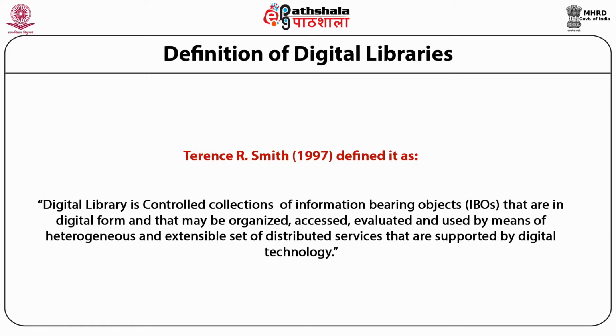Here again, emphasis is on controlled collection. That means that the collection is well organized with metadata at different level. Information bearing objects refers to digital format of information including textual and multimedia content.